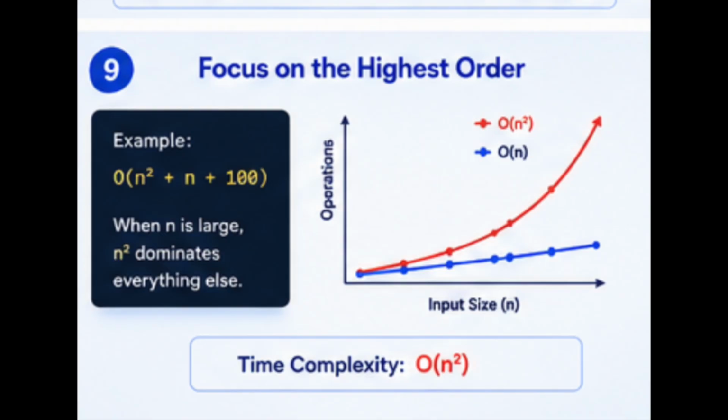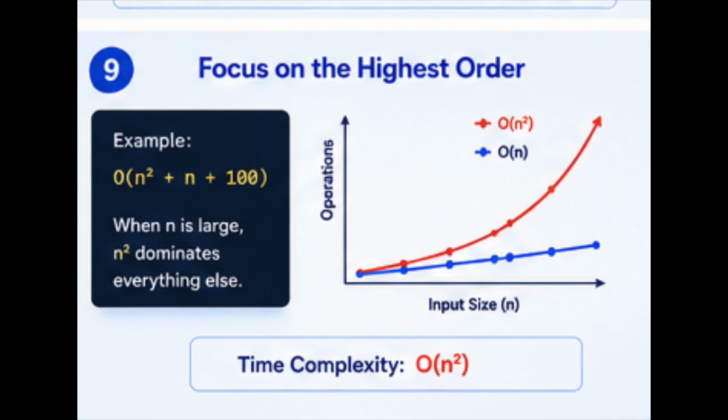Let's look at another example. Suppose an algorithm performs n squared operations and later performs another n operations. Which part grows faster? The quadratic part. When n becomes very large, the n squared term completely dominates the linear term. For example, if n is equal to 10, then n squared is 100.